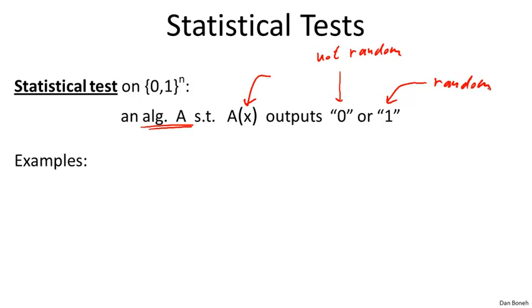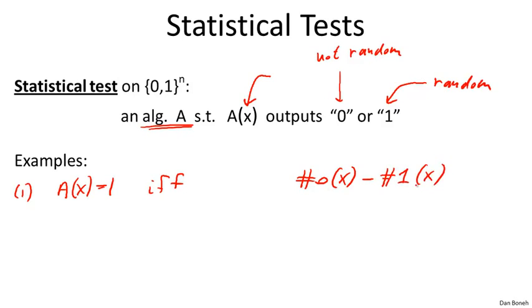Let's look at a couple of examples. The first example uses the fact that for a random string, the number of zeros is roughly equal to the number of ones. The statistical test is going to say 1 if and only if the number of zeros in the given string x minus the number of ones in x are not too far apart.